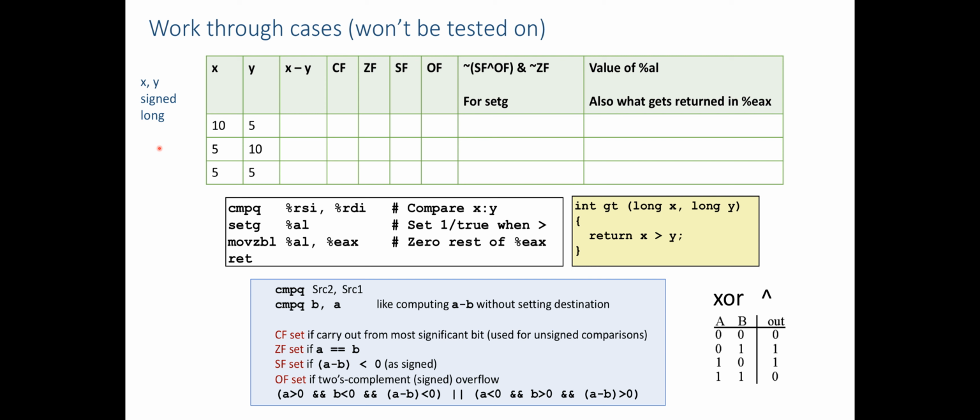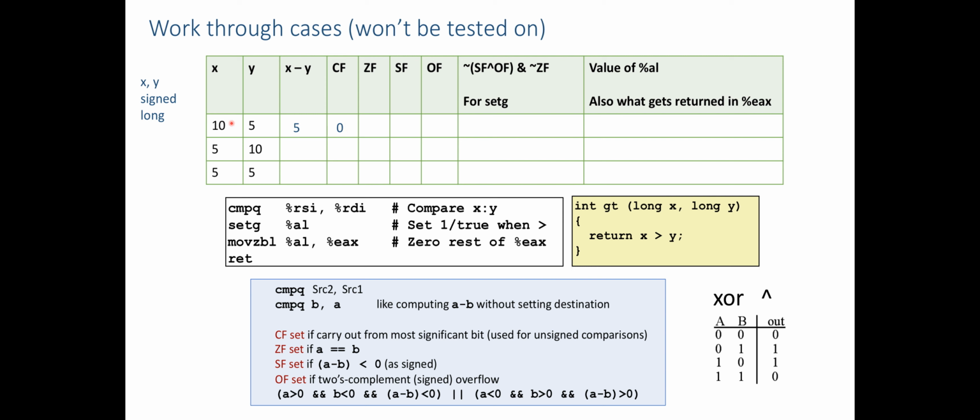Okay, so let's suppose that x and y were 10 and 5 respectively. So x minus y is 5. Now the result of doing that then is a positive value, and these are signed, and so the carry flag doesn't even come into play because these are signed values. So the carry flag is going to remain 0.